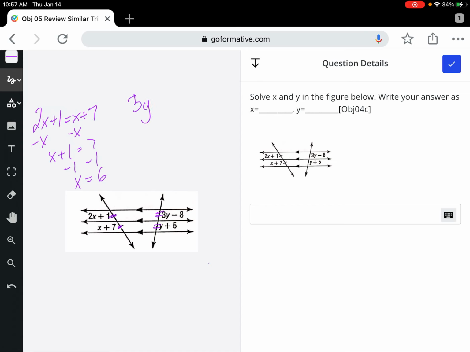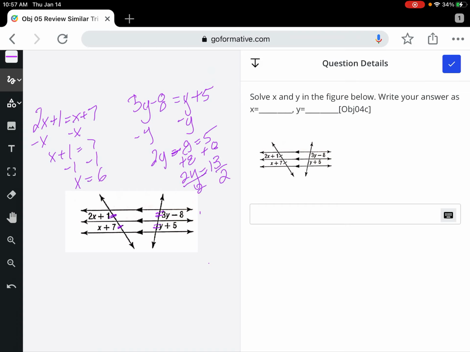We have 3y minus 8 is equal to y plus 5. So I subtract y. 2y minus 8 is equal to 5. I add 8. 2y is equal to 13.